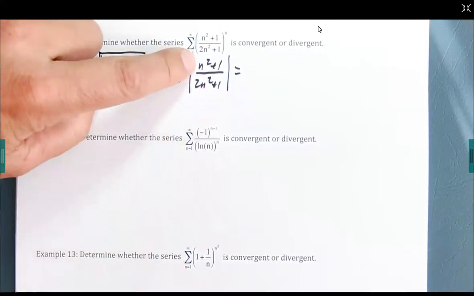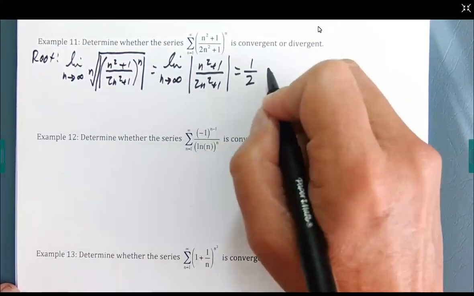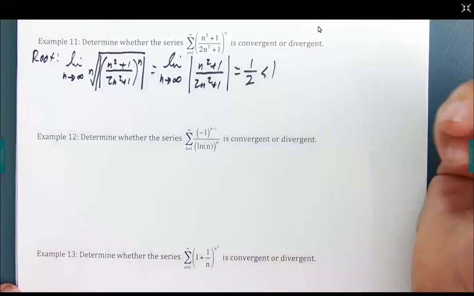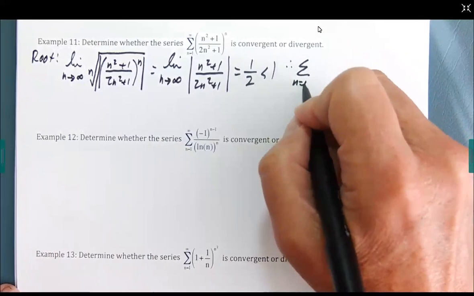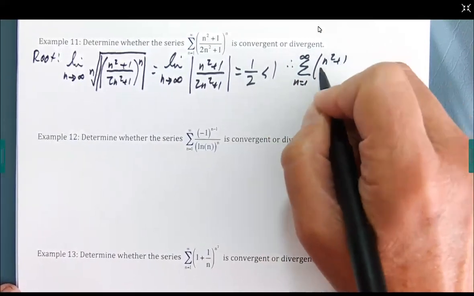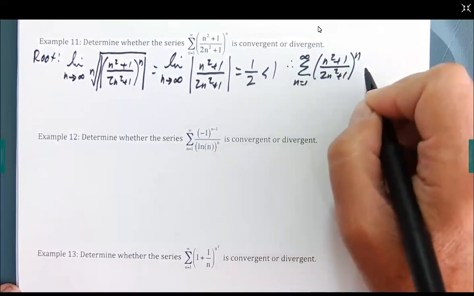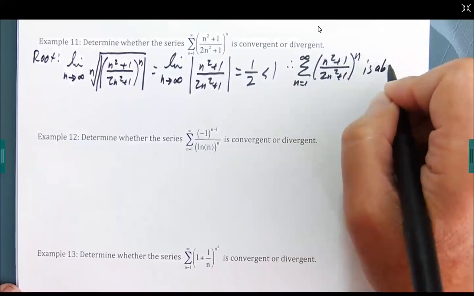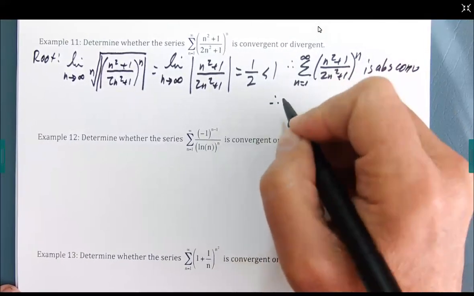So the lead coefficients, the 1 over the 2, take over. So this limit goes to 1/2, which of course is less than 1. So our conclusion is that this is absolutely convergent and therefore convergent.